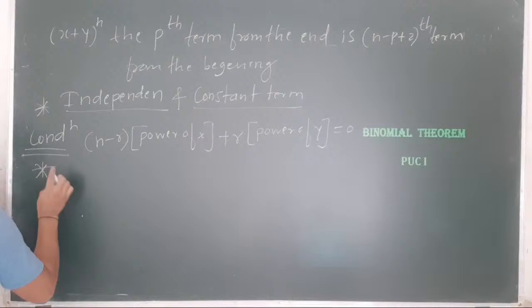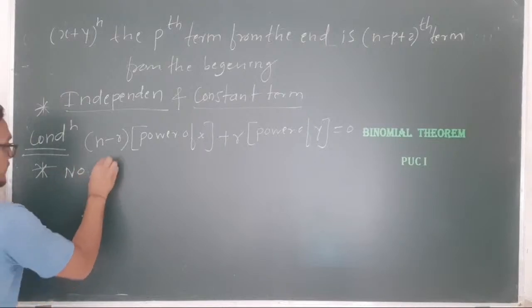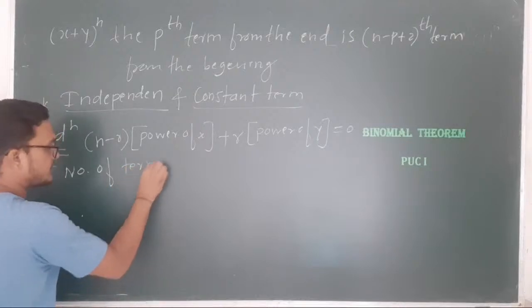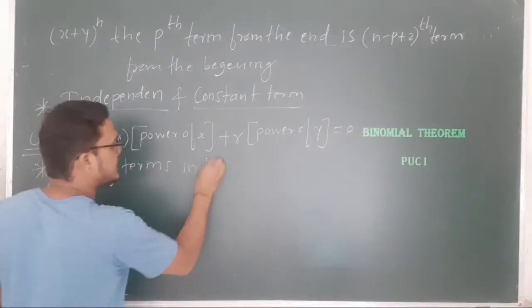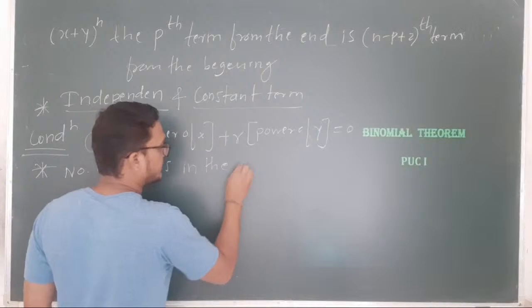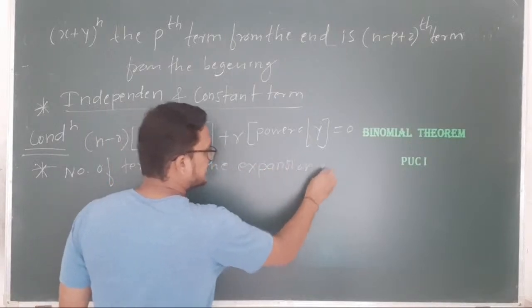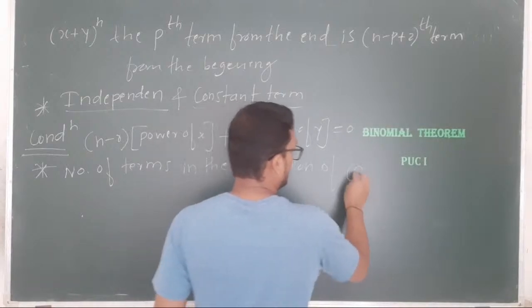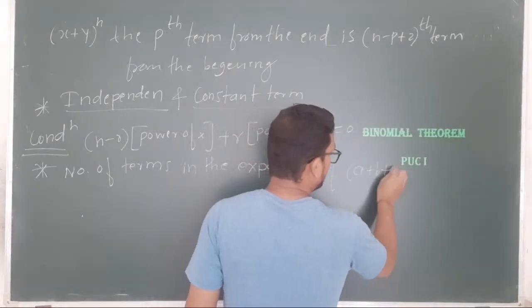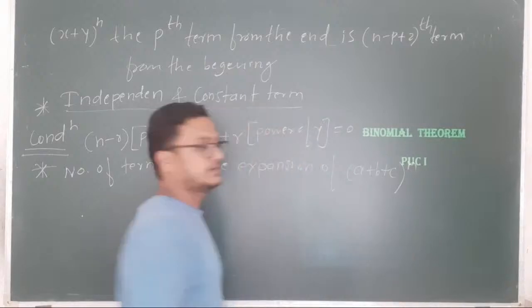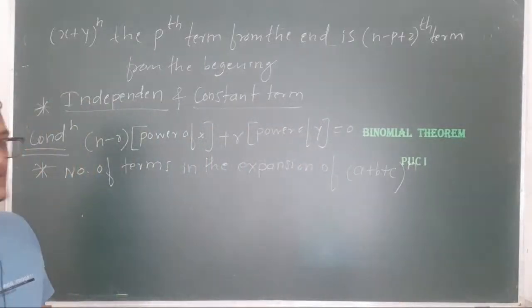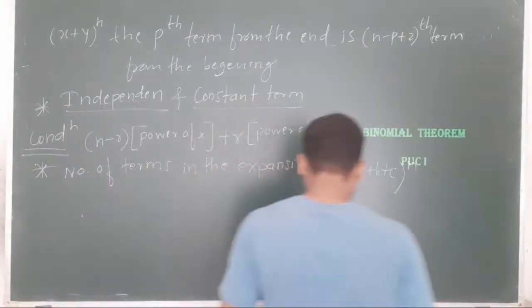After that, next we are going to see the number of terms in the expansion of (a + b + c)^n.